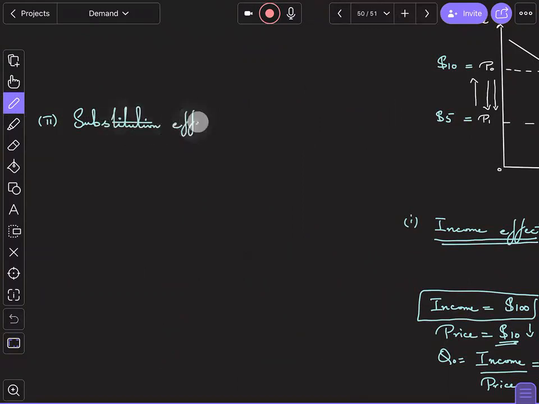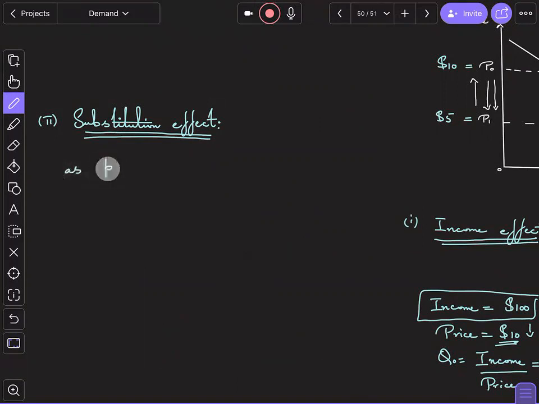The second effect is the substitution effect. What does the substitution effect mean? The substitution effect basically tells us that when the price of the good falls, then all other goods or all other substitutes will relatively be more expensive. So consumers will tend to substitute other goods in favor of this cheaper good. So what is the substitution effect?